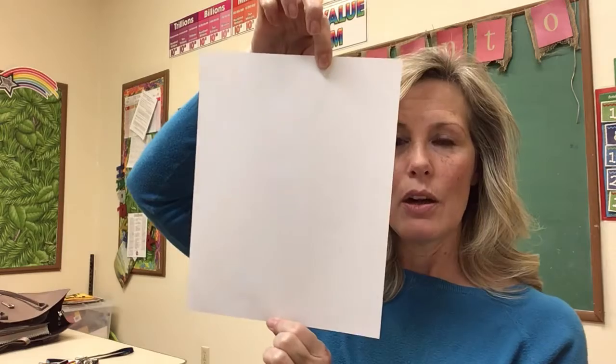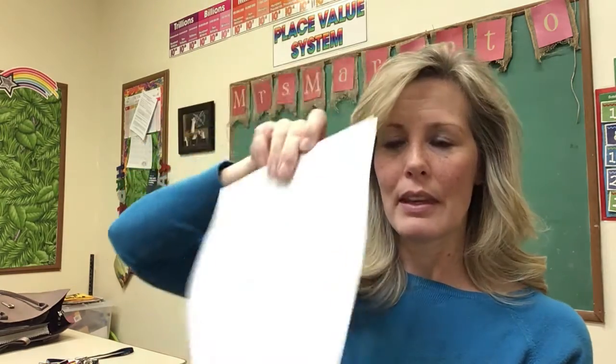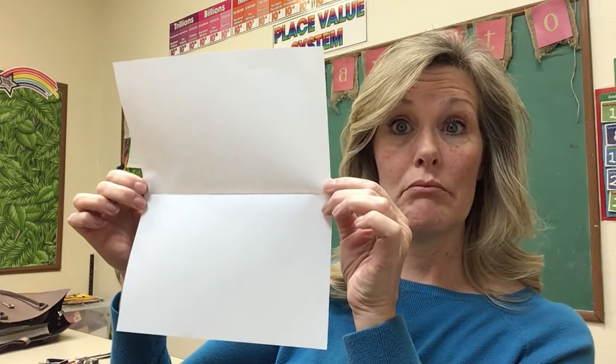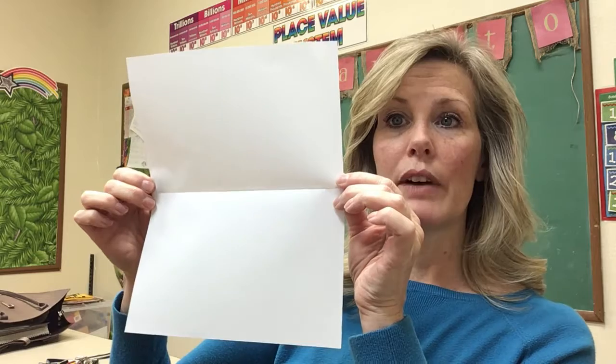So I have one whole piece of paper, and I'm going to divide it in half. This represents the same thing as the circle that we just did. My fold lines are going to tell me how many parts I end up with, right? Okay, so I've divided it in half. I have 2 parts. I can take the same piece of paper and divide it in half again.